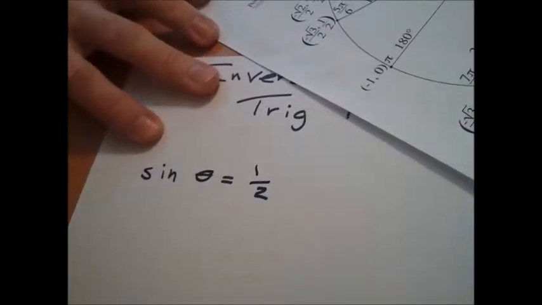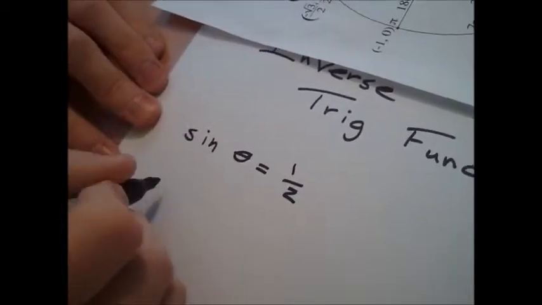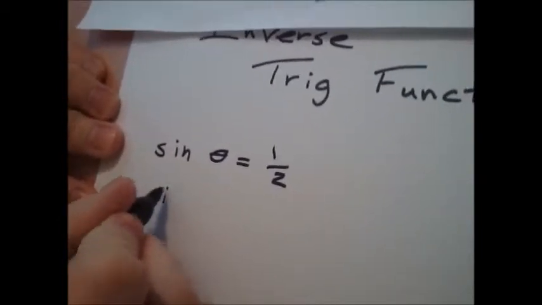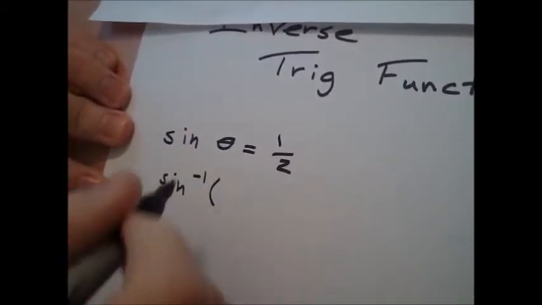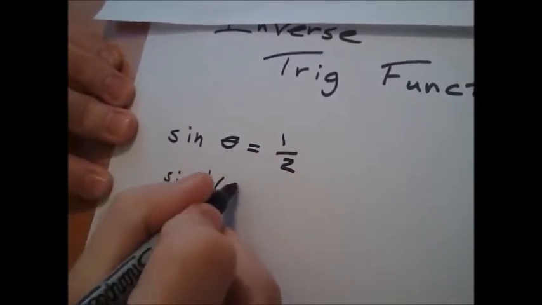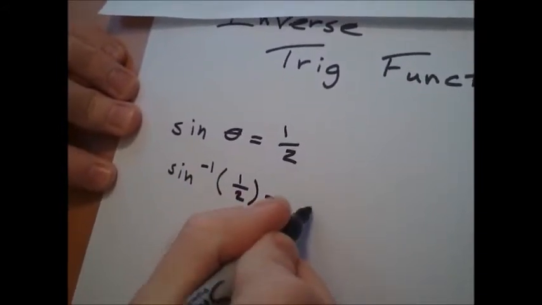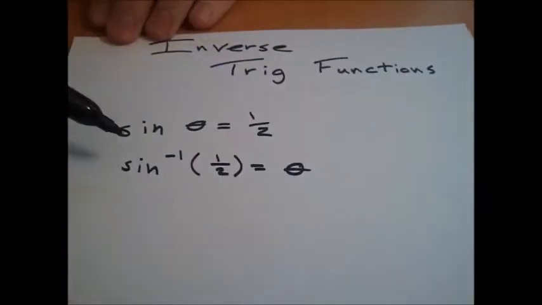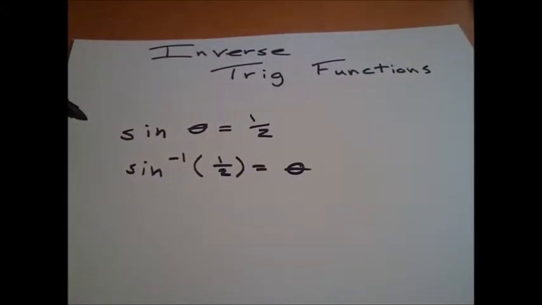This is pretty much the same thing as saying the inverse sine of 1/2 equals, let's call it theta. Okay. Pretty much the same thing. We're going to attempt to solve these the same way.